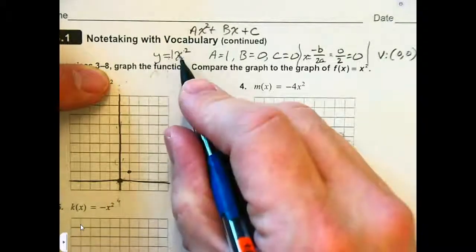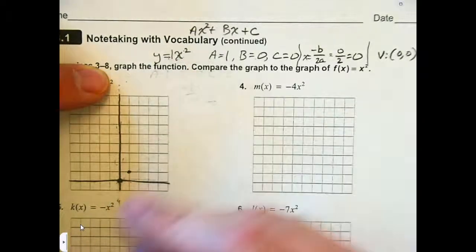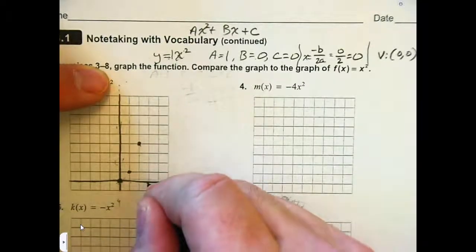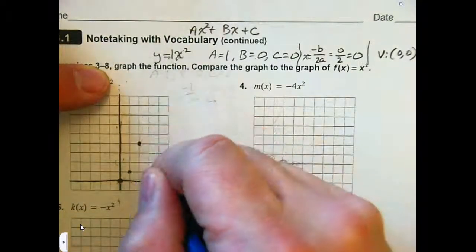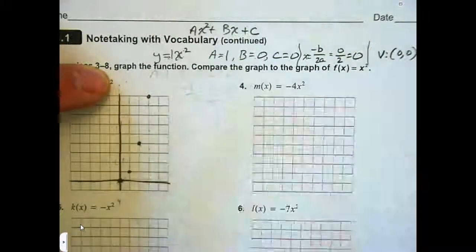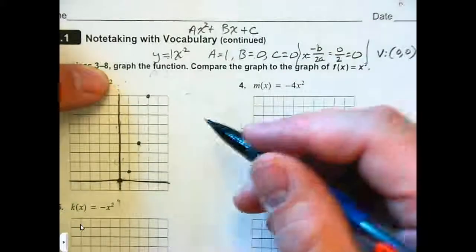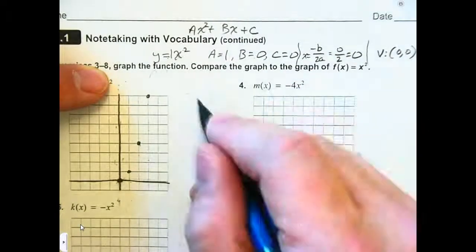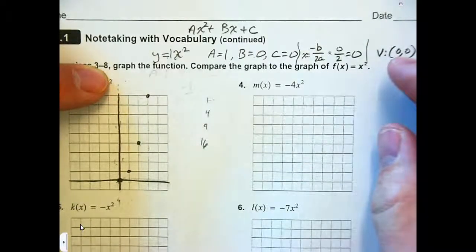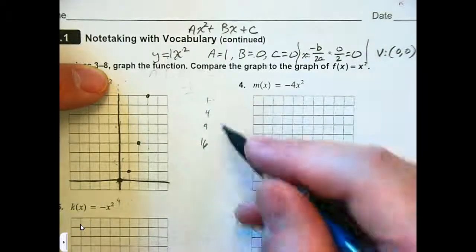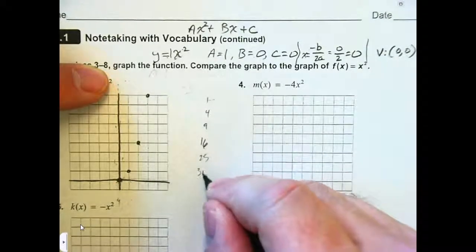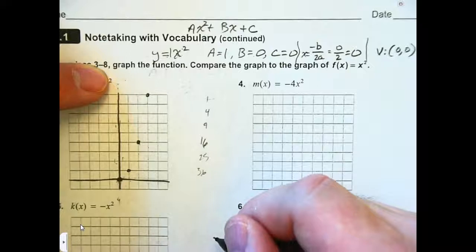It's 4. When x is 3, what's y? It won't fit, but when x is 4, what's y? 1, 4, 9, 16. What are we counting by? What are these numbers? They are perfect squares. Right?